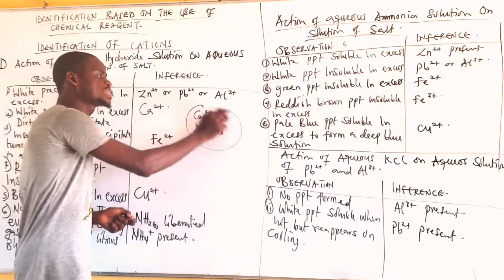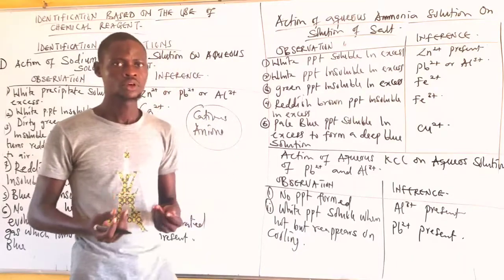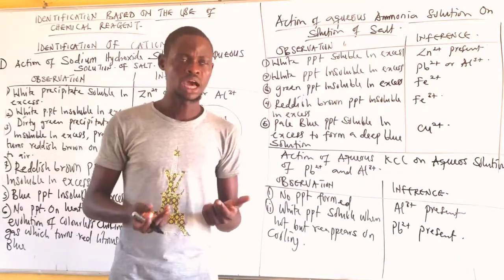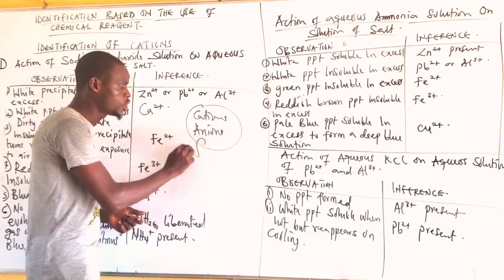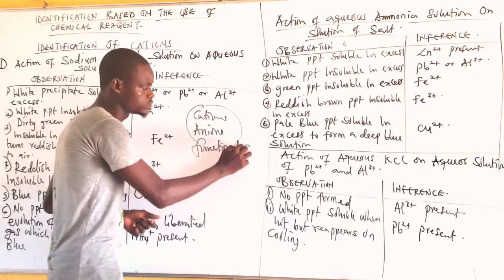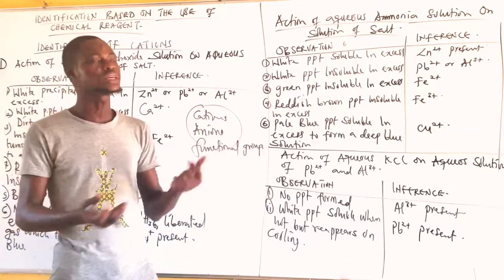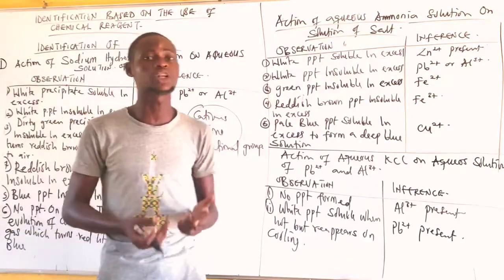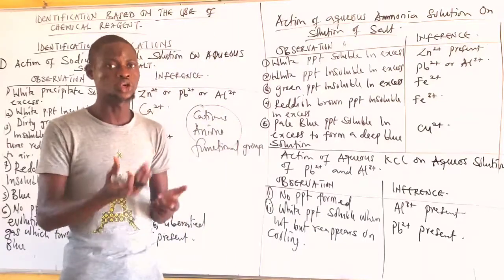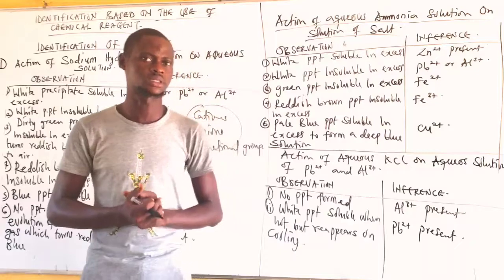With the exception of these two, we can also use it to test for food, and we can also use it to test for functional groups of organic compounds. And we can use the same chemical reagents to test for the moisture that is found in a substance.